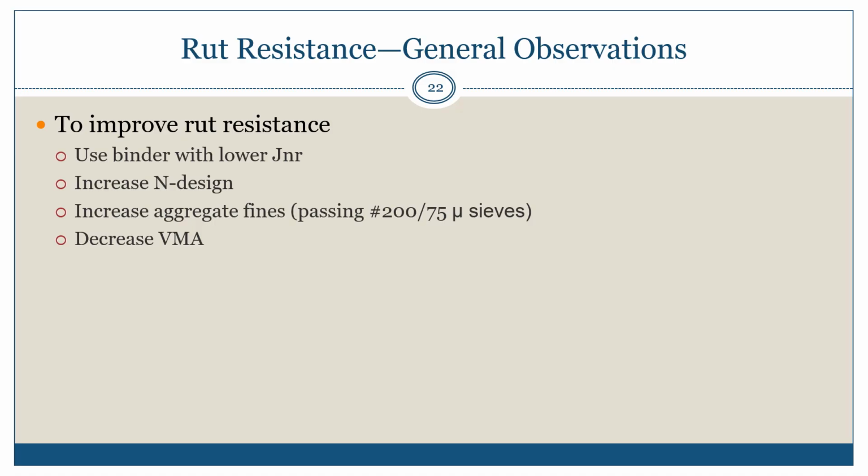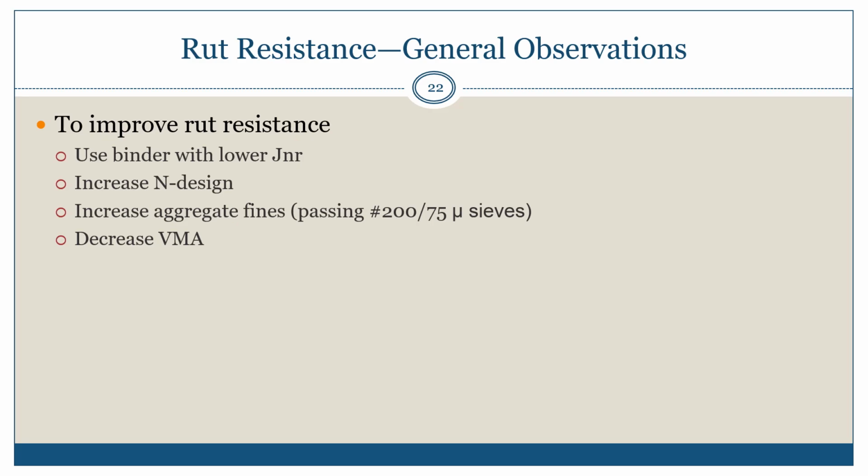First, some general observations. If you want to improve the rut resistance of your mixture, there are a couple things you can do. Most importantly, you can go to a binder with a lower JNR. This is probably the most effective way of improving the results of a rutting test. If you have that option, you can increase Ndesign, but often you won't be able to do that.